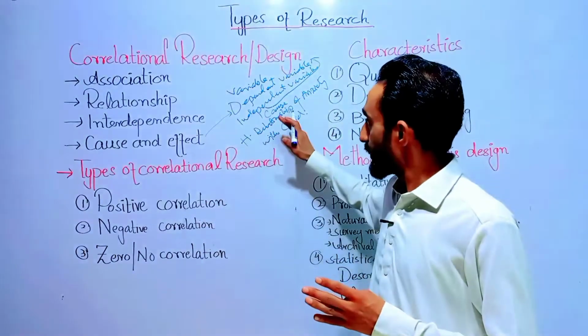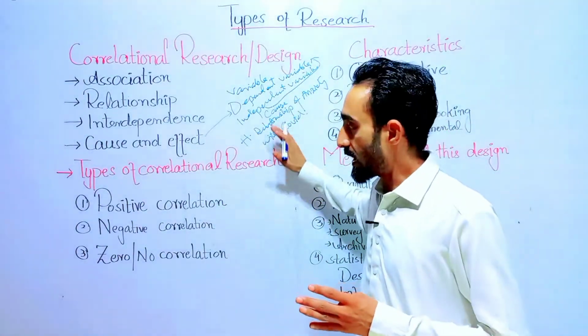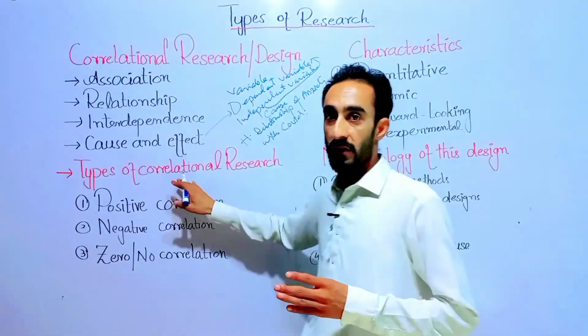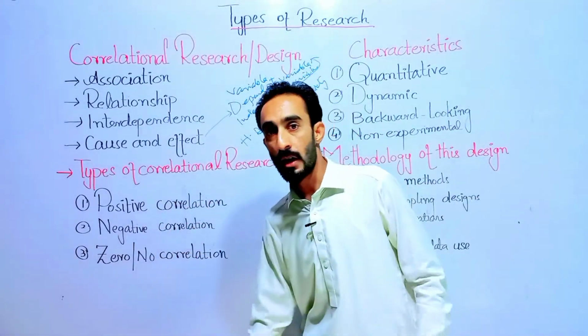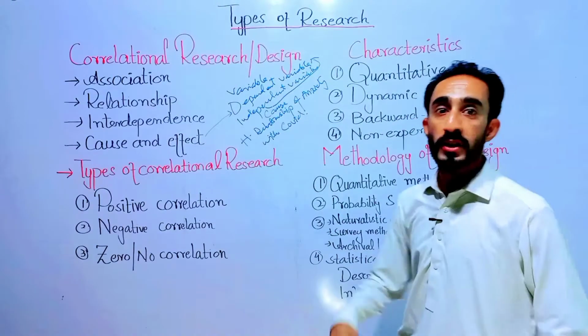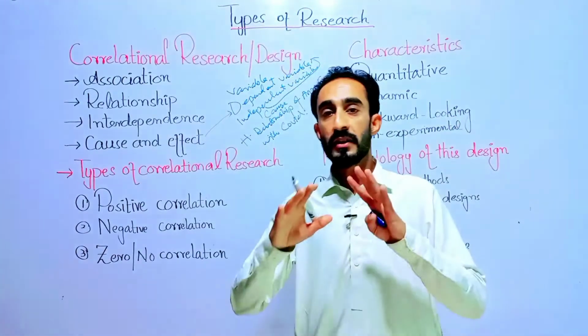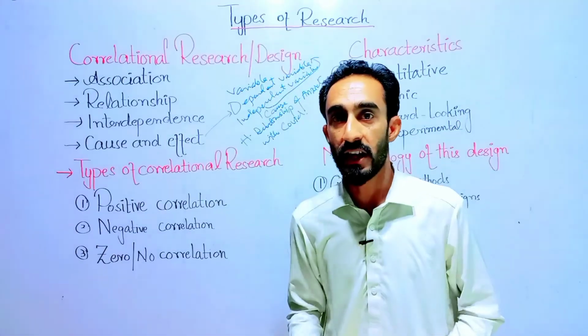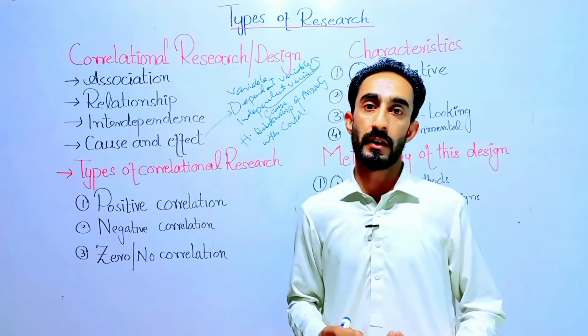We see in this hypothesis the positive relationship or the positive correlation, because the more the coronavirus increases, the more the people will get anxious and they will get the anxiety.